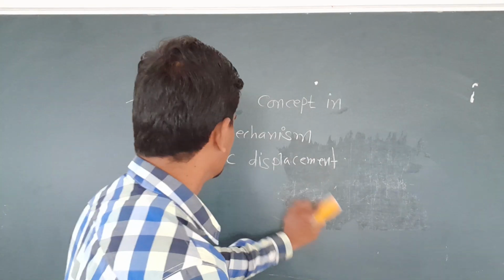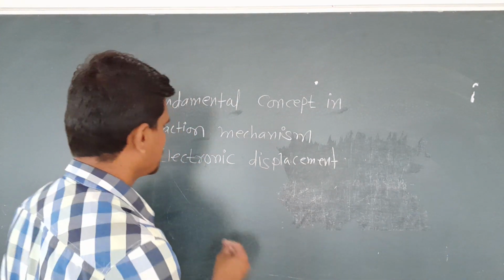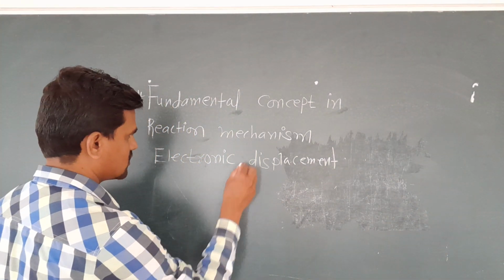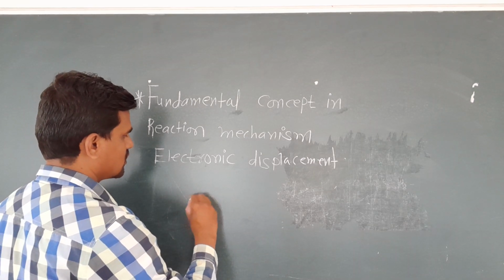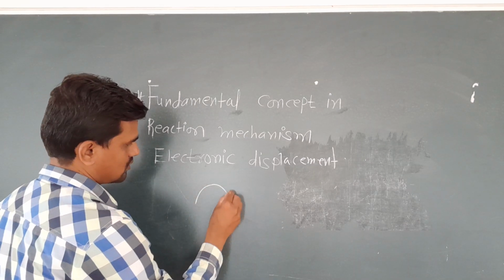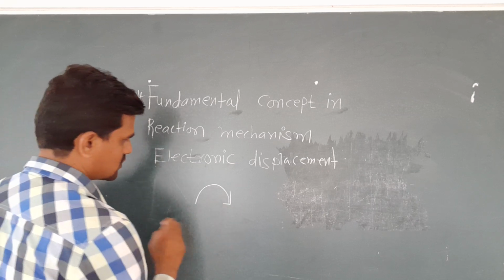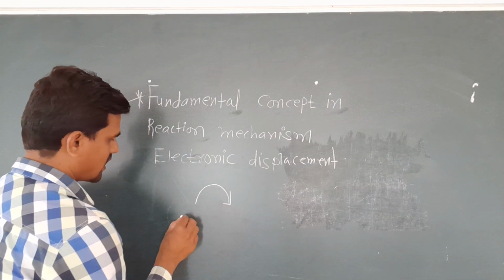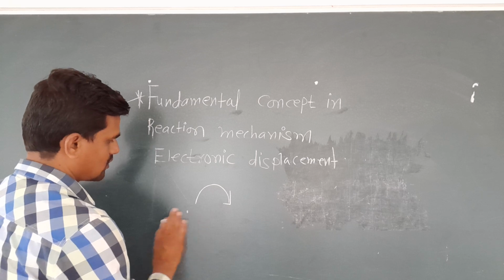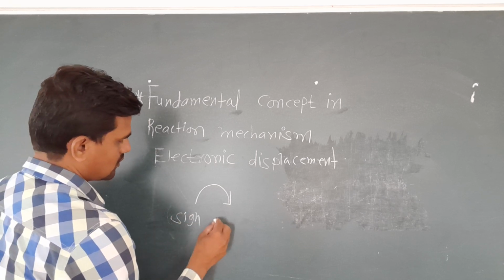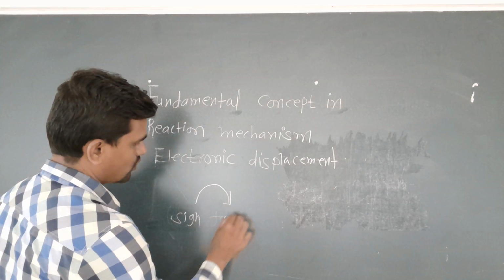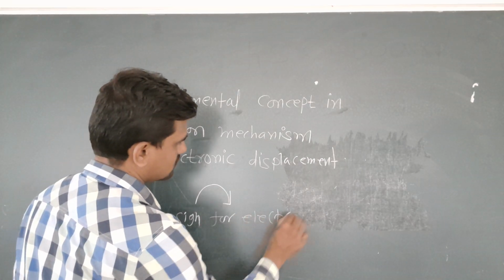We have seen that the electronic displacement is indicated by using arrows. This arrow gives a direction sign for electronic displacement.